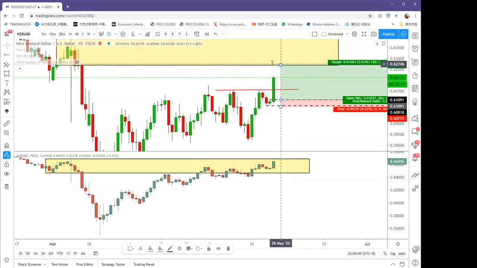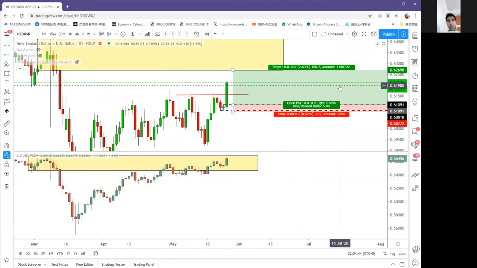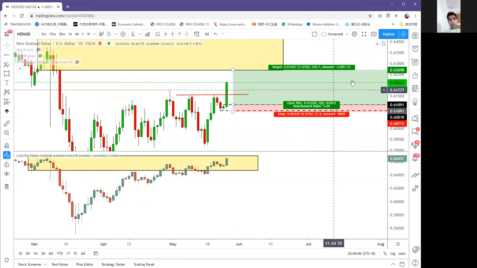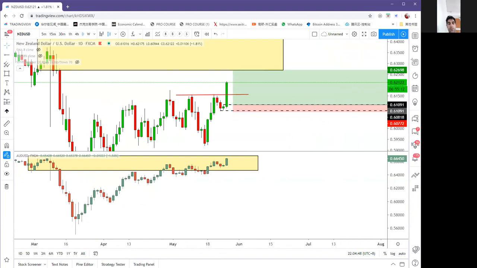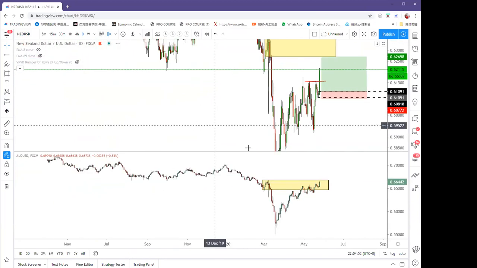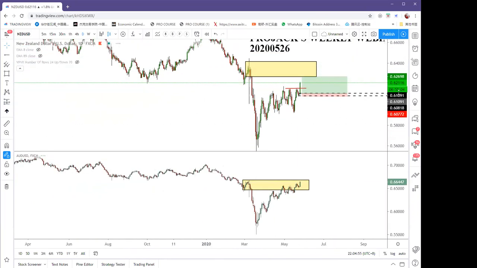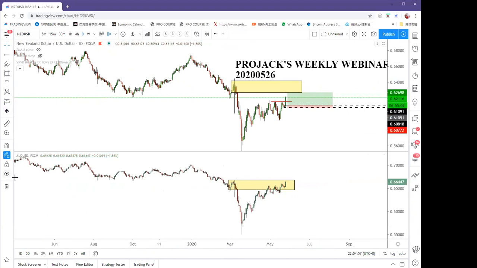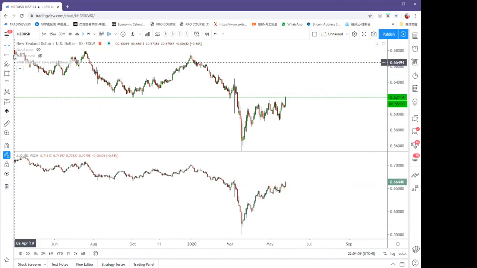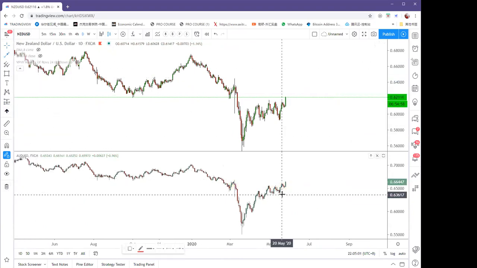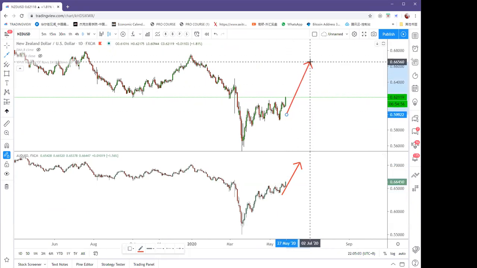Okay, and if the target goes to 0.6273, we are going to have a very nice trade, about 5 to 1. Okay, 5 to 1 reward and risk ratio. Now let's see what we have for the Aussie dollar. We can still use the same theory that when the Aussie goes up, the Kiwi goes up as well, right?